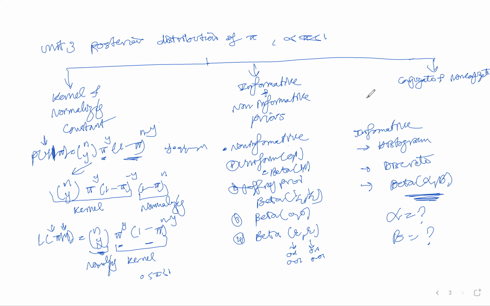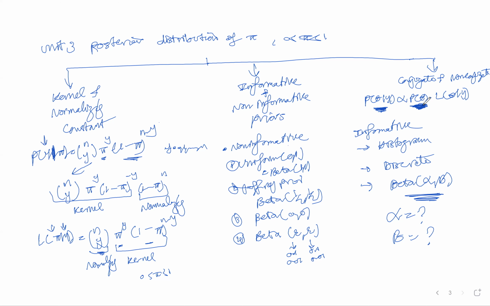When we find the posterior distribution, the probability of theta in general, or pi for our example, given y, is proportional to the probability of theta or pi times the likelihood of theta given y. You use some distribution for the prior. If you use a distribution and you find the posterior is the same distribution, we call this a conjugate prior.